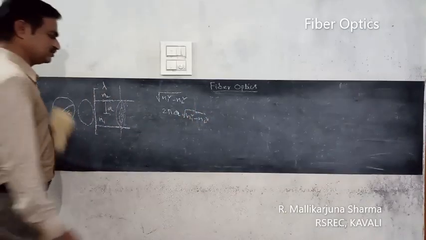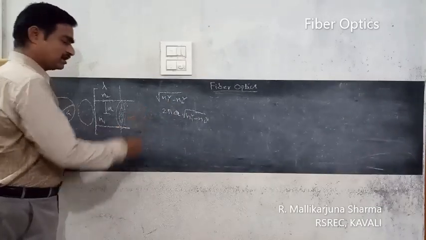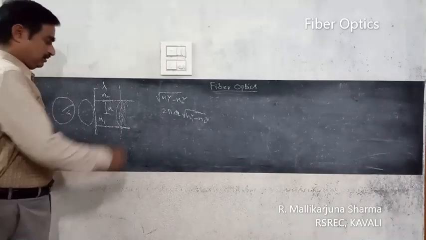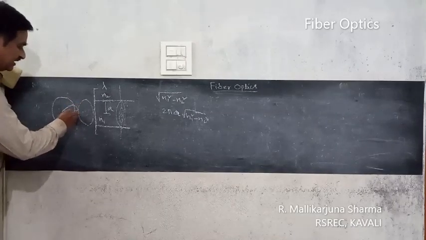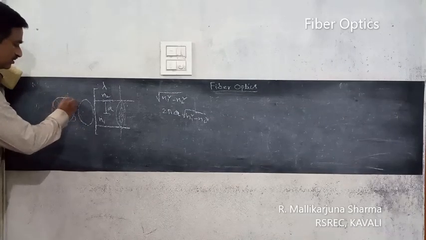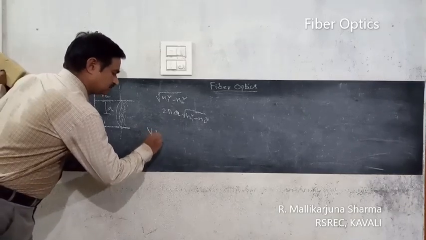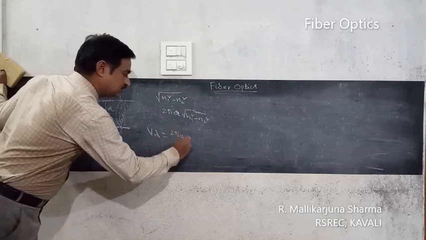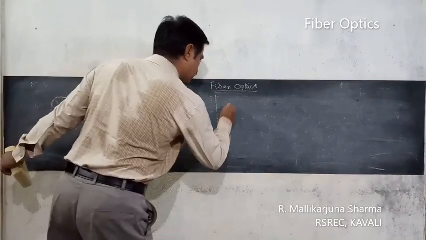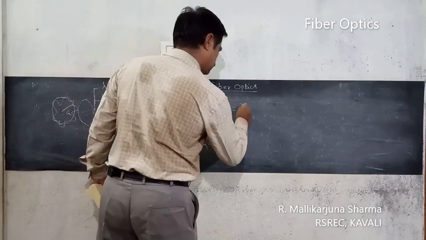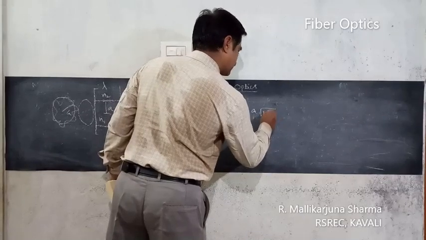And this effective path distance should be equated to, if there are v number of rays surrounding this one, then v into lambda is equal to 2 pi a into root of n1 square minus n2 square, or v is equal to 2 pi by lambda into a into root of n1 square minus n2 square.